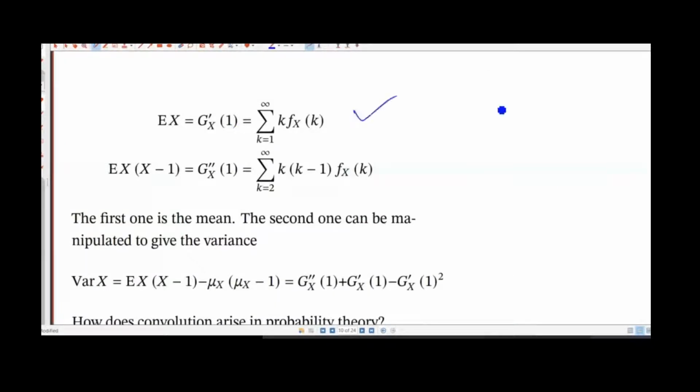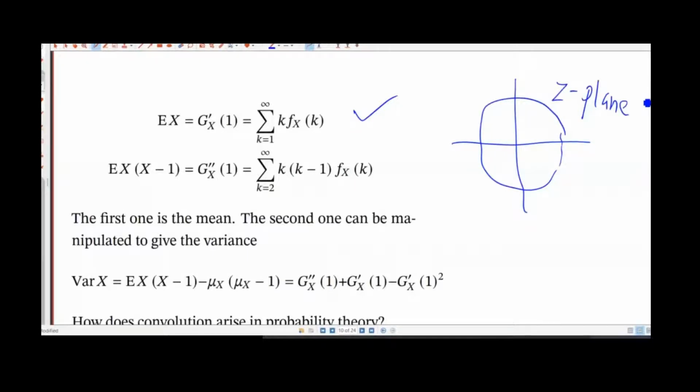And if you are comfortable with your signals and systems, what is this there? Or you haven't started this yet, yeah? Or you must have started this in CVT, yeah? Z plane.